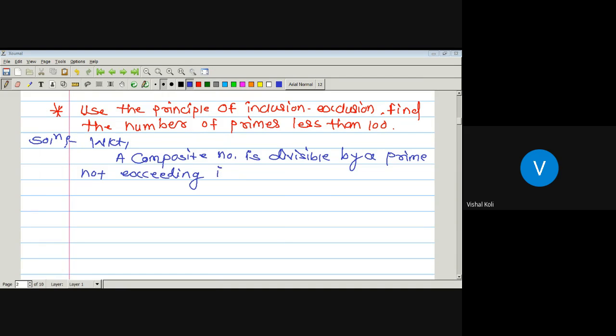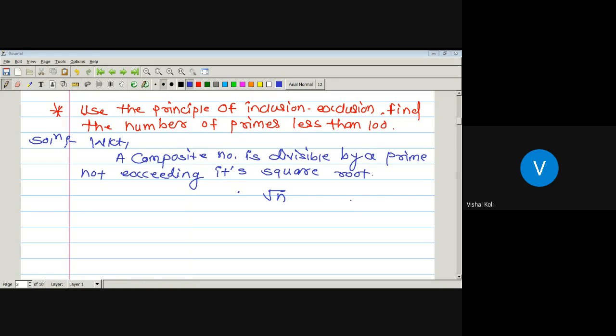It means if n is any composite integer, then it is divisible by a prime not exceeding its square root. So this n is not divisible by any prime which is greater than the value of root n.